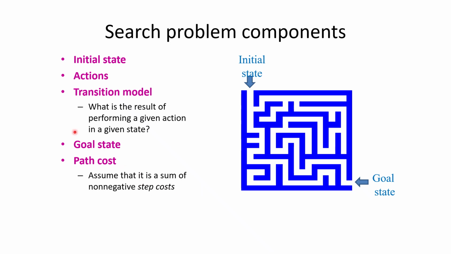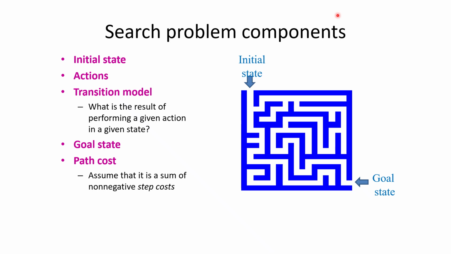The transition model specifies what happens when an action is performed. In other words, it tells us the result of applying a particular action in a particular state. Then comes the goal state, which represents the condition the agent is trying to achieve.